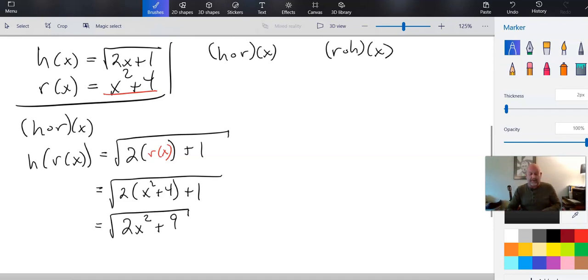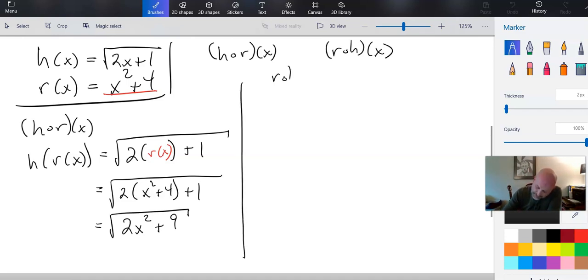Since that's not a perfect square, it doesn't factor. It's not even like a nice factor pattern or anything. So that's as far as I can go. That's my function, right? I didn't have to do anything with the root in this particular case. All right, so hopefully you matched up with that. Let's take a look at the other one.